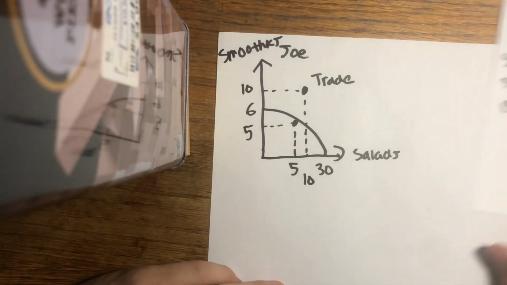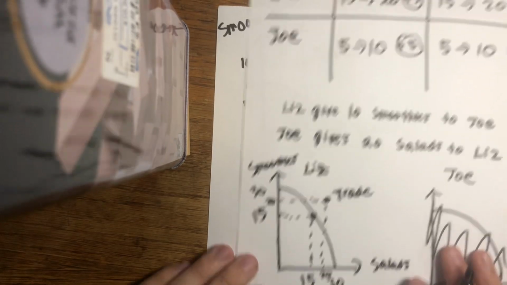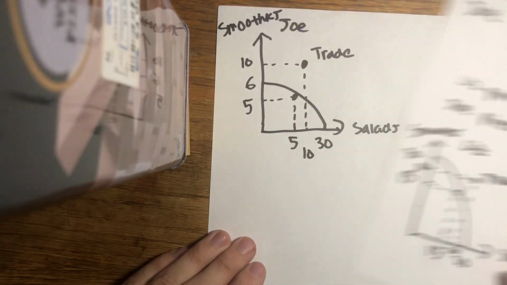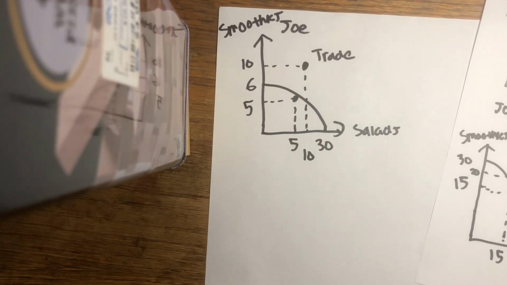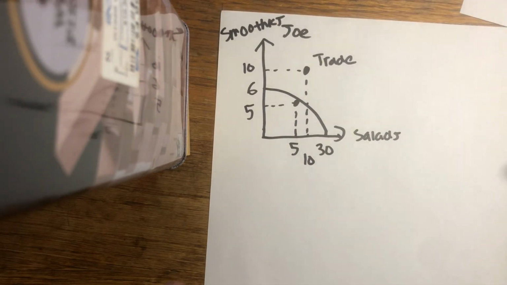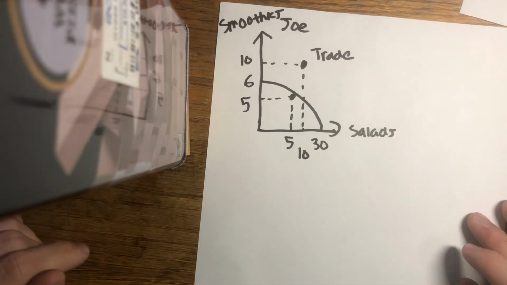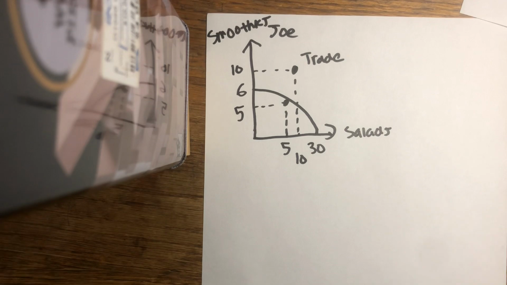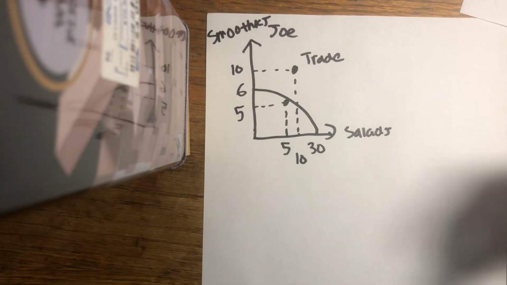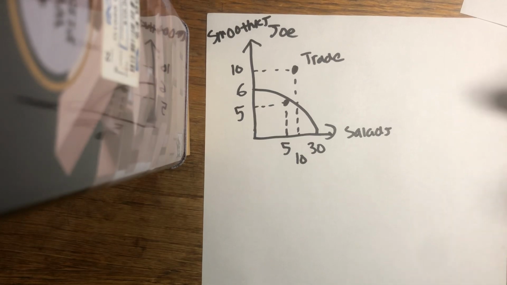My final point is that when you look at the two outcomes, they are both outside the production possibility frontier. Remember in class we talked about economic growth. Economic growth allows you to go beyond your production possibility frontier by improving technology, labor, land and such.